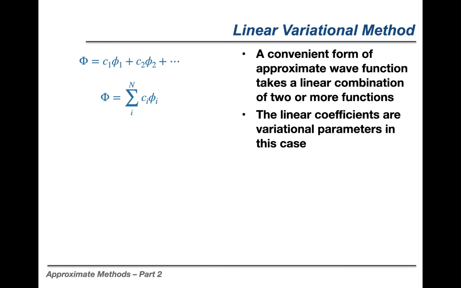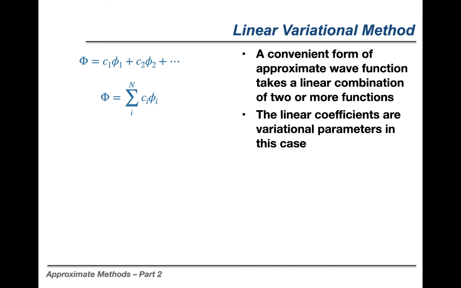What I show on the left here is that some approximate function phi might be given by some coefficient c1 times some function that we know, little phi 1, added to c2 times phi 2, and so on and so forth, which I can write in the more general summation notation below. In this case, all of the c's are our unknown variational parameters.